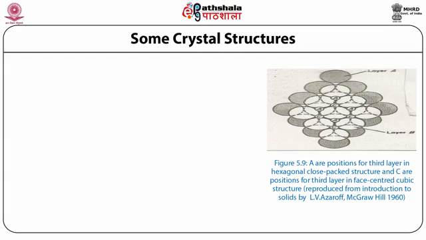A are positions for third layer in hexagonal close packed structure, and C are positions for third layer in face-centered cubic structure. This representation is reproduced from Introduction to Solids by L.V. Azaroff, published by McGraw-Hill, 1960.